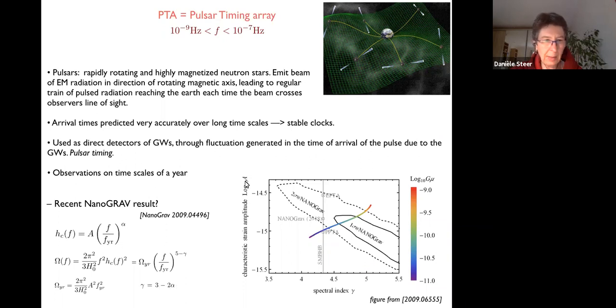So this plot has on the y-axis the log of the amplitude A, and on the x-axis the spectral index gamma, which is 3 minus 2 alpha. The contours are the 1 sigma contours coming from NANOGrav. That's an important new constraint, which will also be important for cosmic strings. In fact, we'll see this later on.